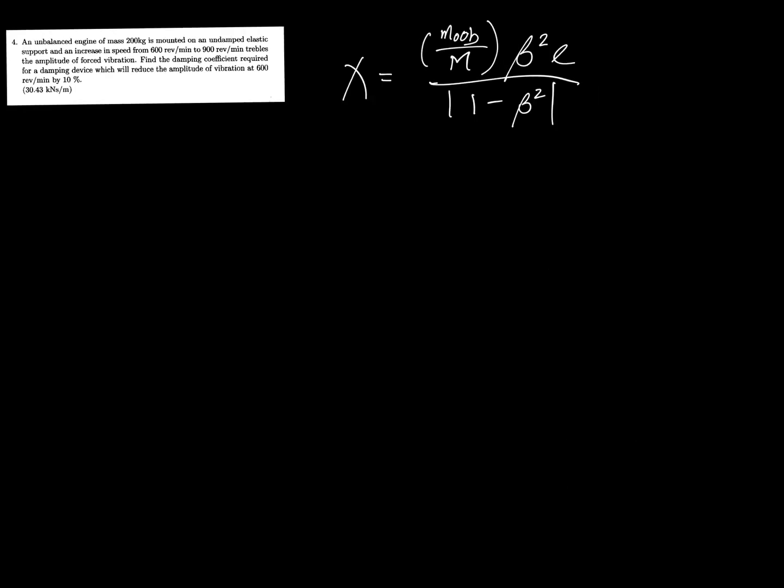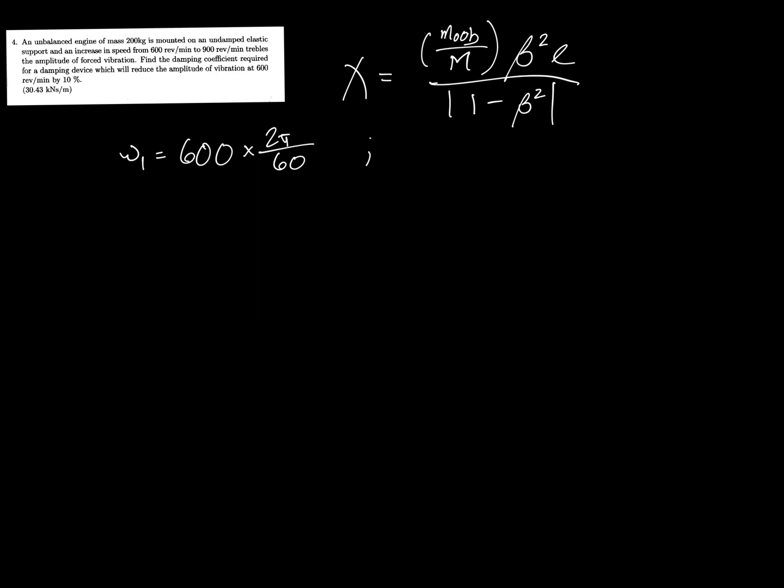here I've written down what we have just derived from the previous slide for the amplitude X. And next I would like to find the relationship of beta, the frequency ratio, between 1 and 2. So we have omega 1, which is 600 RPM, and we convert to radians per second.